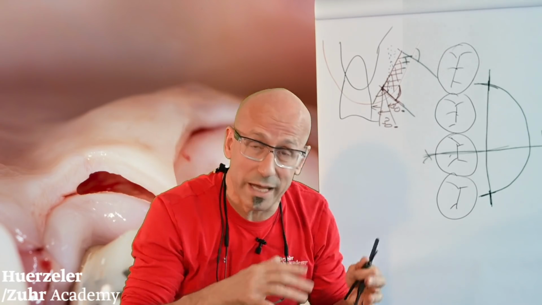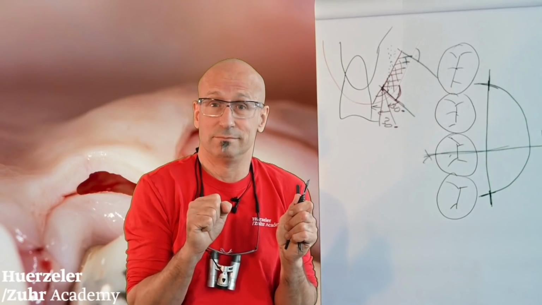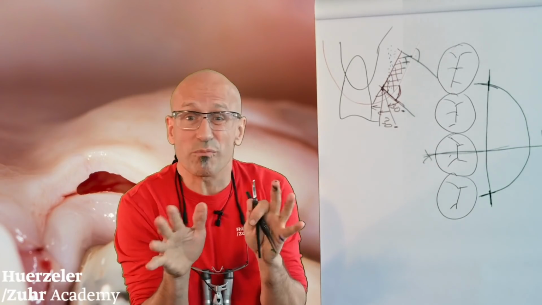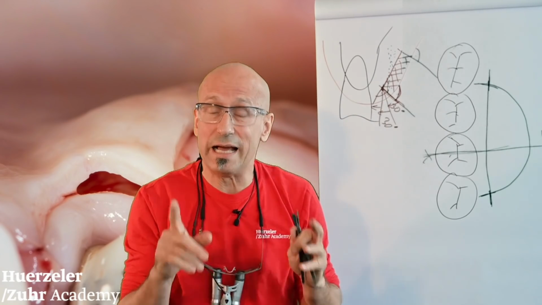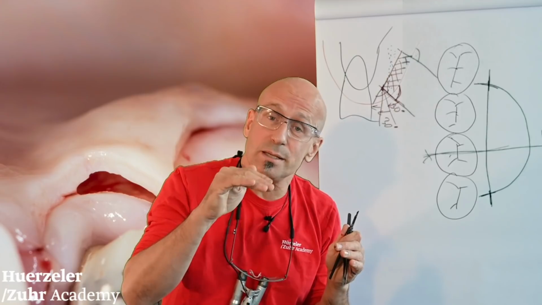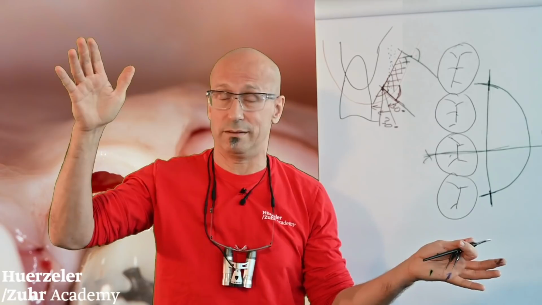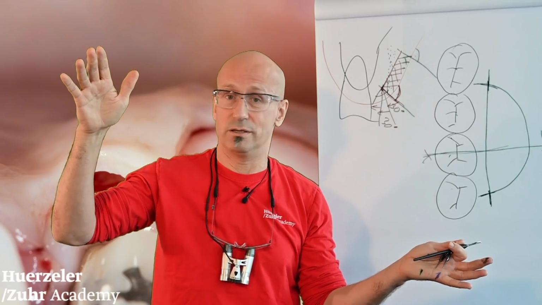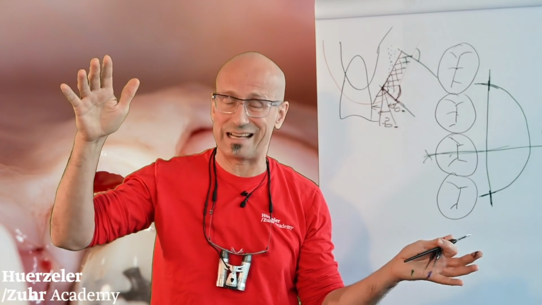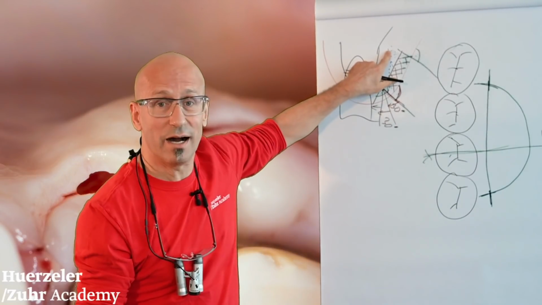The deeper you get, the more afraid you are. Down there is something you don't want to cut. And I can tell you, when you do it this way, the deeper you prepare, the thicker you get. That's normal. That's exactly what's happened. And that's why you most of the time harvest like this.